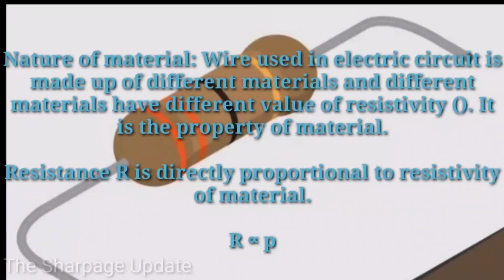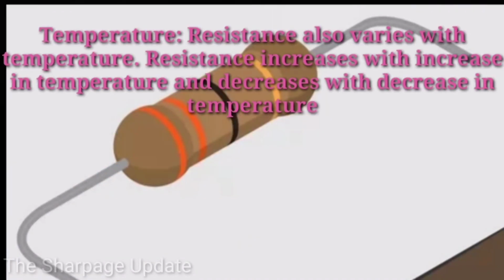So, the resistance R is directly proportional to the resistivity of the material. And the next factor is temperature. Resistance also varies with temperature. Resistance increases with increase in temperature and decreases with decrease in temperature.